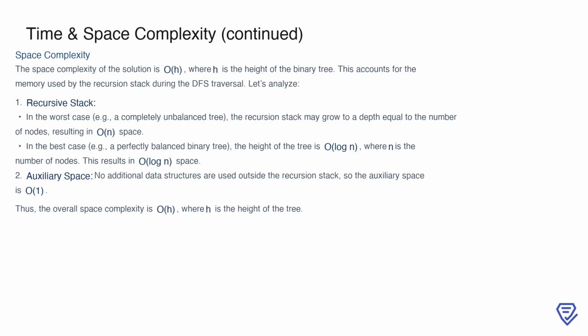On the other hand, in the best-case scenario, where the tree is perfectly balanced, the height of the tree is O(log n), and the recursion stack space is reduced accordingly. It's important to note that no additional data structures are employed outside the recursion stack, so the auxiliary space remains constant at O(1). Therefore, the overall space complexity is O(h), which reflects the height of the tree.